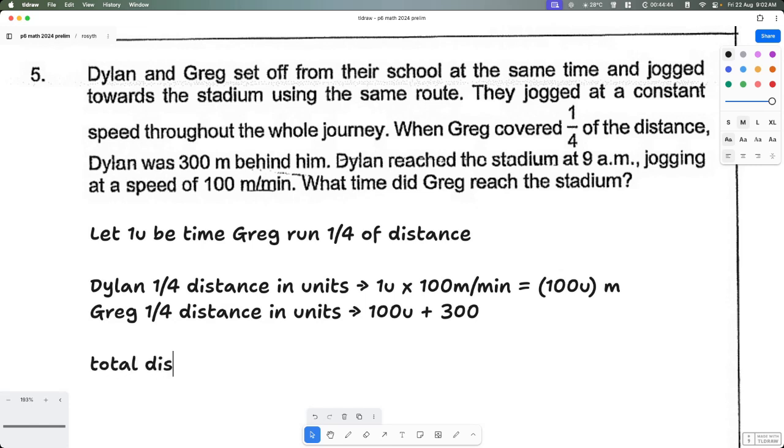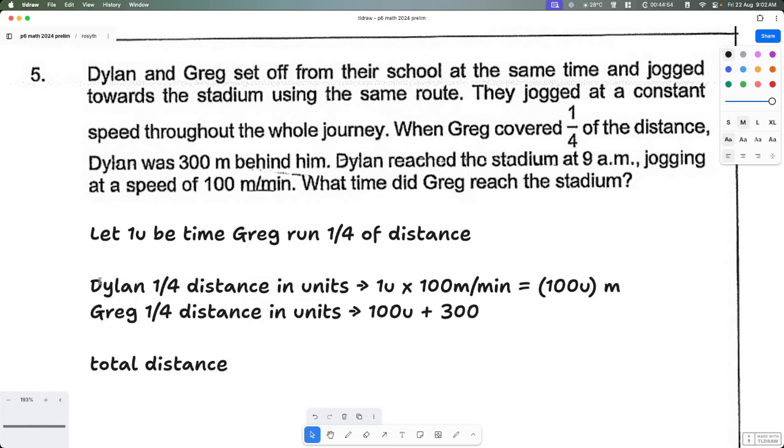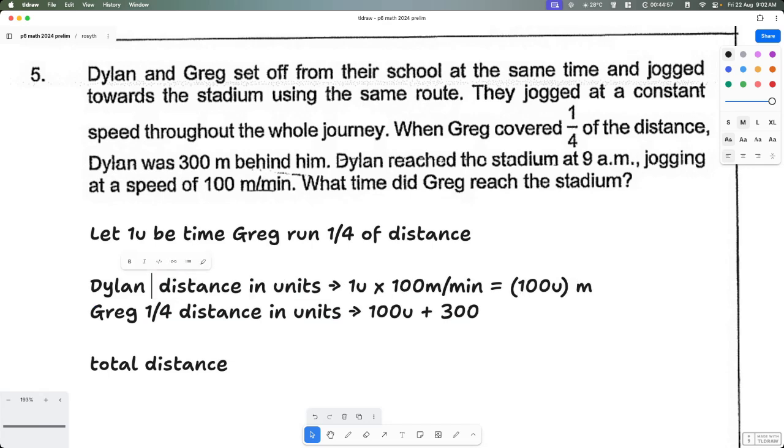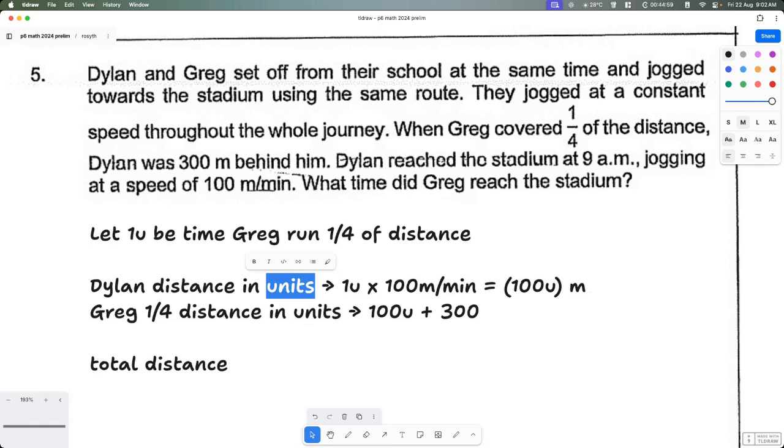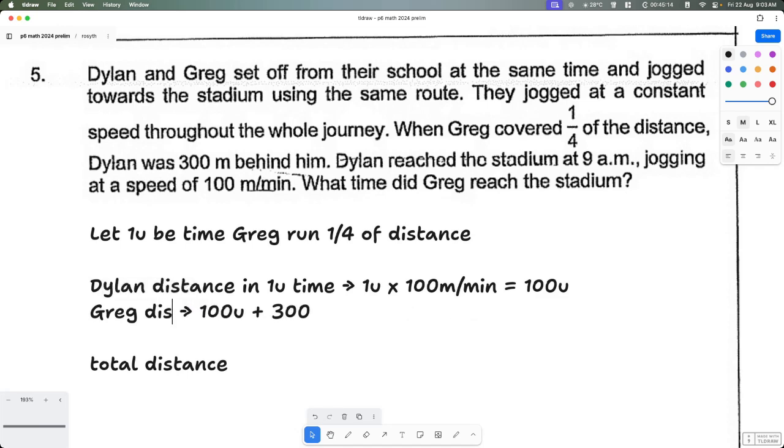Since Greg traveled 1/4 of the distance, so sorry, Dylan's distance in 1 unit time is equal to 100 units. So Greg's distance, this makes sense, in 1 unit time is basically 100 units.